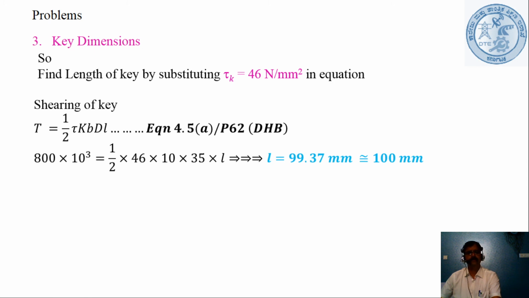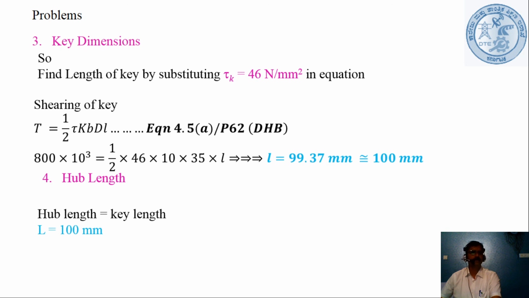Now use the same width and thickness, and change the length to 100 millimeter. Now redesign the key by changing the length of the key. Hub length is equal to length of the key. Hub length is equal to 100 millimeter.